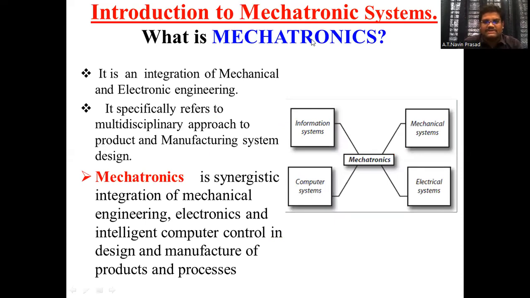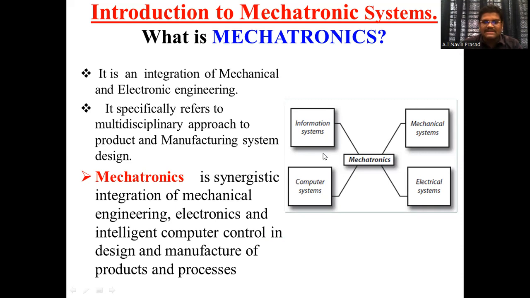So, introduction to mechatronic systems. What is meant by mechatronics? Mechatronics is an integration of mechanical engineering and electronic engineering. In this diagram, you can see the mechatronic system consists of a mechanical system, an electrical system, an information system, and also a computer system.